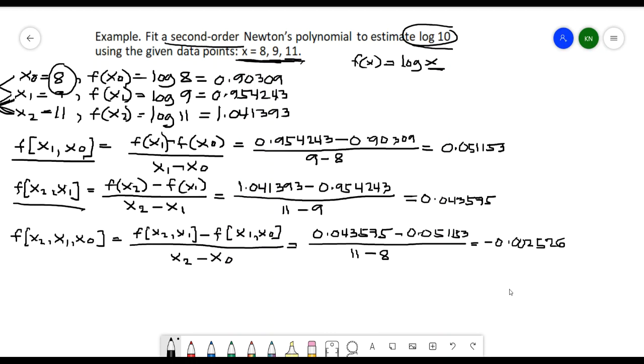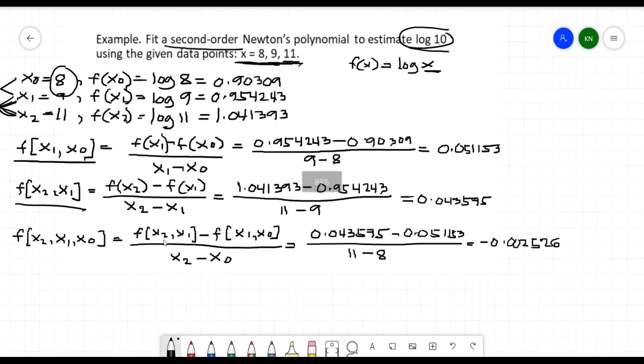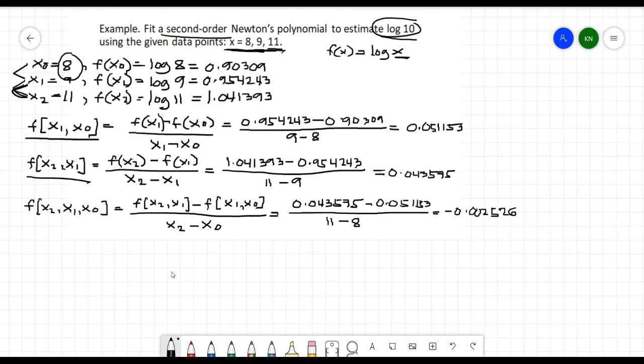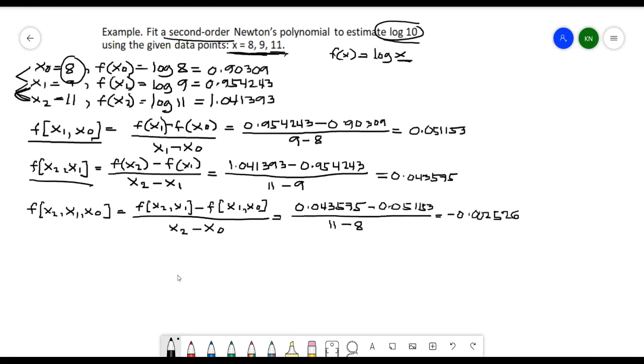This is the result of our second divided difference. So again, these two are our first divided differences, and this one is our second divided difference. Now, we substitute all of these values into our Newton's polynomial equation.